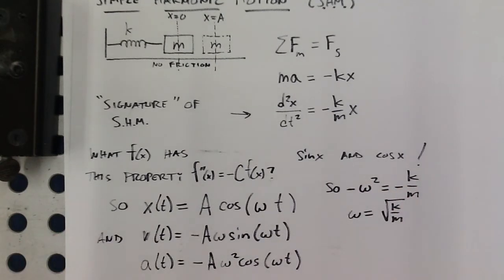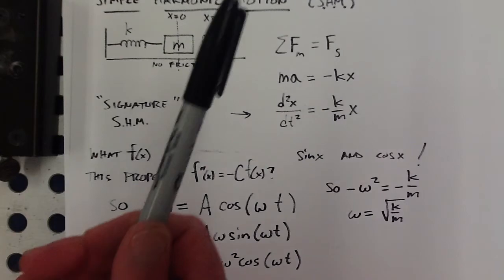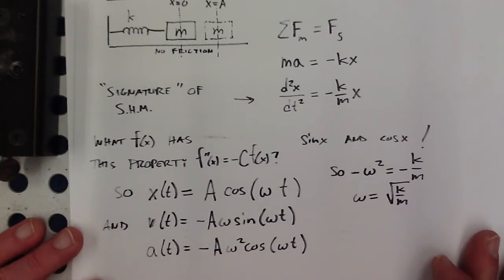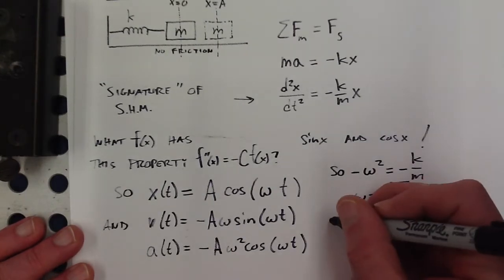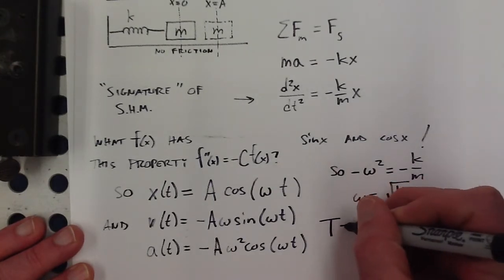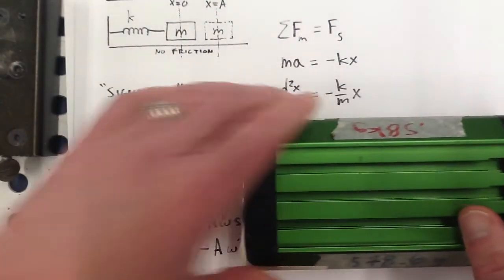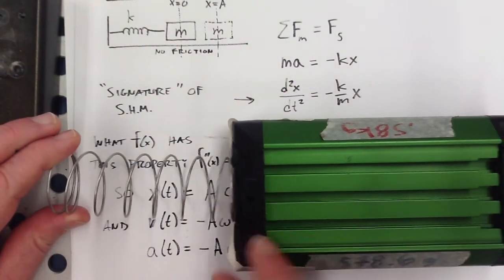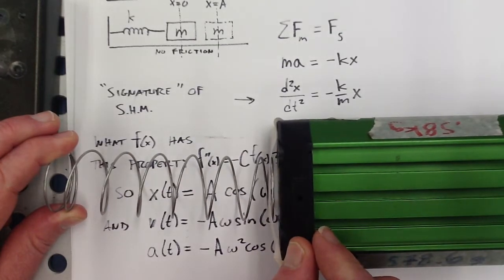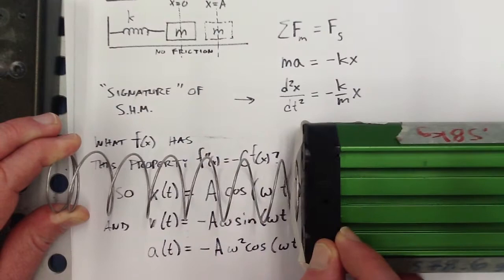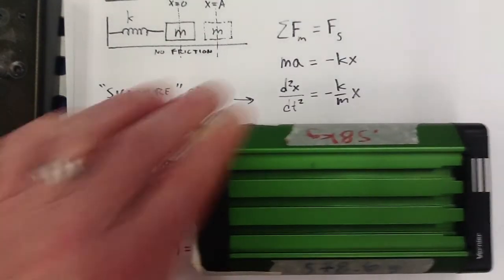And we know from trig functions, things that we know since pre-calculus or probably earlier, that the period of a trig function, which physically in this case means the amount of time it would take for this thing to go from its maximum amplitude all the way through one oscillation back to maximum amplitude again.